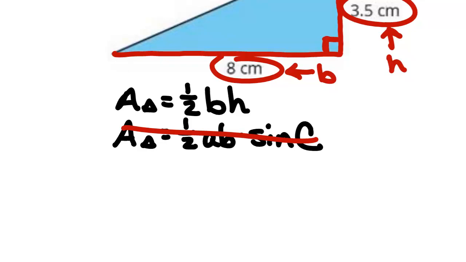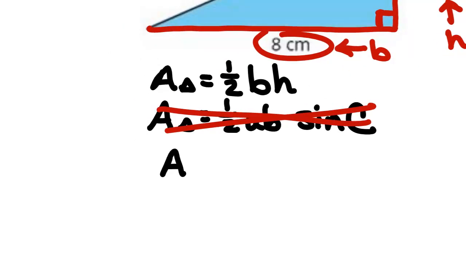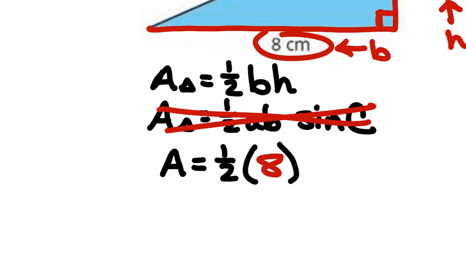All right, so we're not going to use this formula. Area is 1/2 times 8, my base, times the height, which is 3.5.